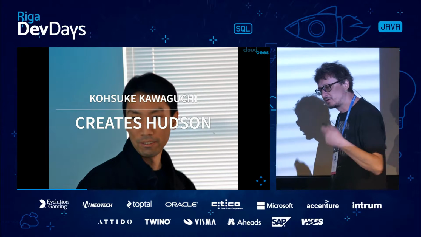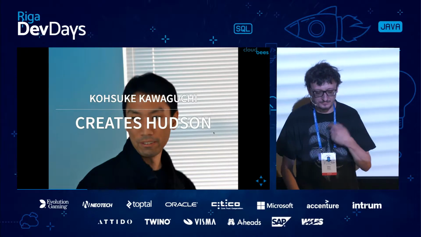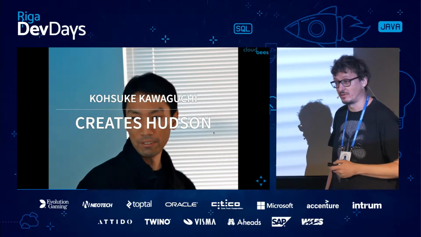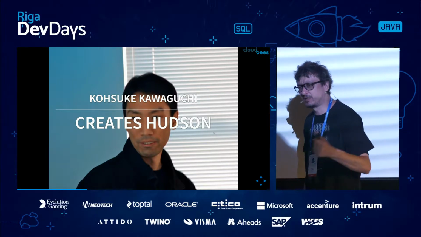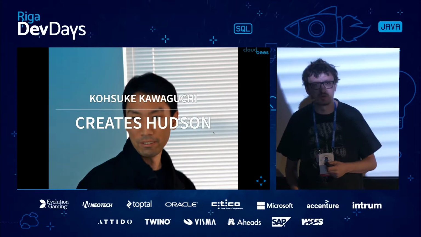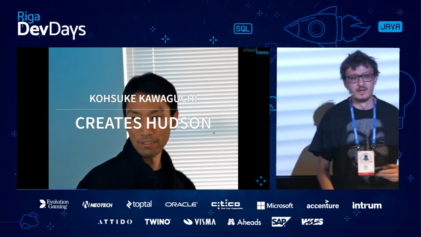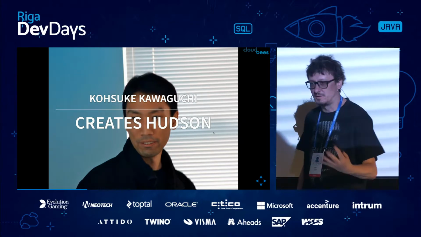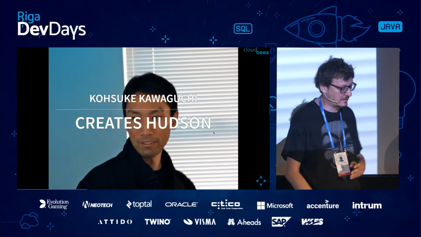So in the early 2000s, I think, he created a project that was called at the time Hudson. And that was in Sun, and overnight it became so popular that a large number of teams in Sun adopted Hudson as their default tool for what today we call continuous integration. At that time, that wasn't a thing yet.